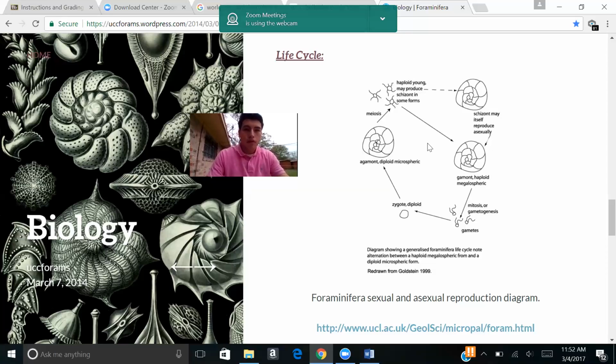Then they make the new organism. In asexual reproduction, the process is almost similar. The cytoplasm still withdraws back inside the test, and once inside, it produces the daughter cells via mitosis, and once they reach a certain size, they start to, similar to budding, bud off the parent cell.